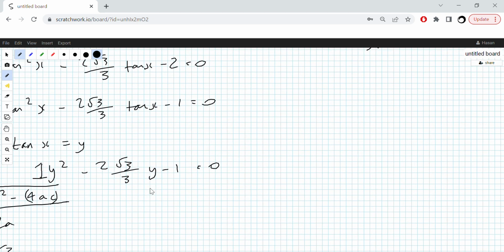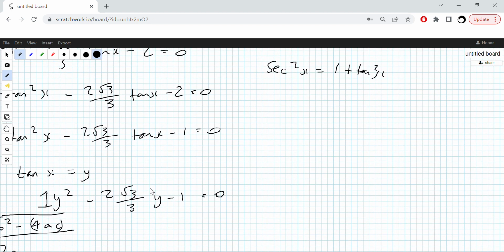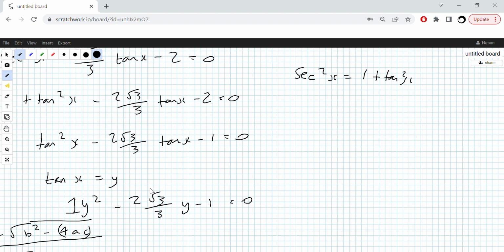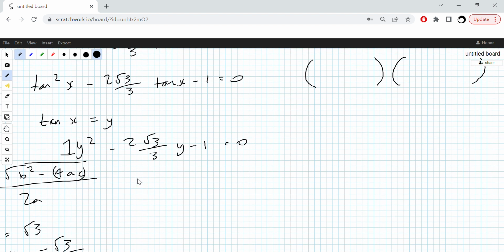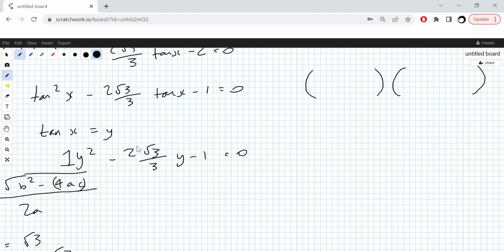Our second option, which we can use, is we can just try to factorize it. First of all, we would know that it can only be y and y, because when we expand it, we get y squared, which is what we have here.